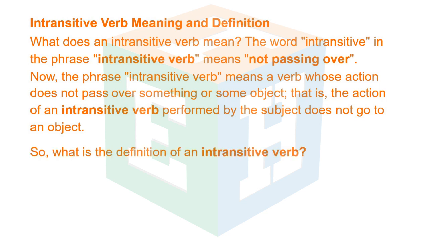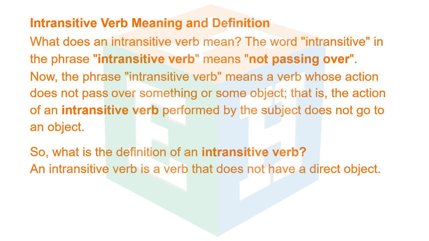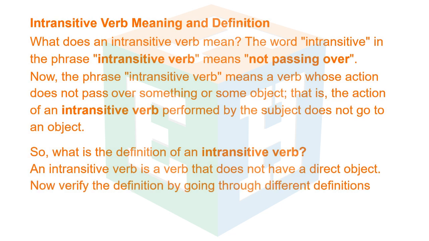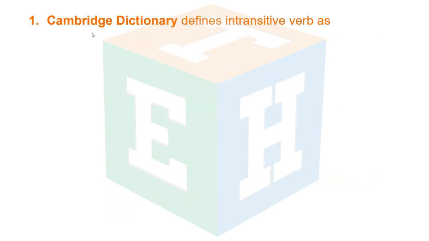So, what is the definition of an intransitive verb? An intransitive verb is a verb that does not have a direct object. Now, verify the definition by going through different definitions given by different dictionaries. Number 1. Cambridge Dictionary defines intransitive verb as of a verb having or needing no object.